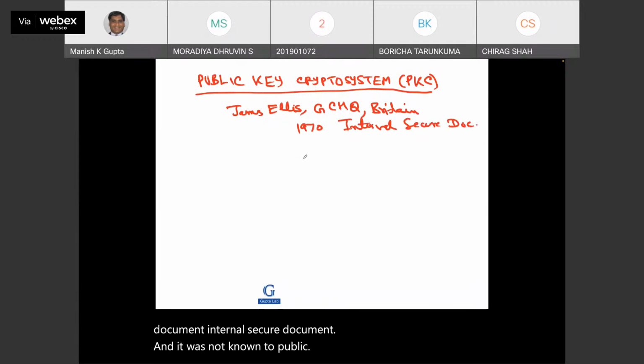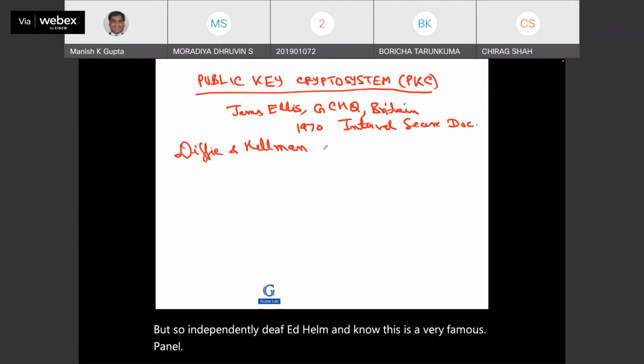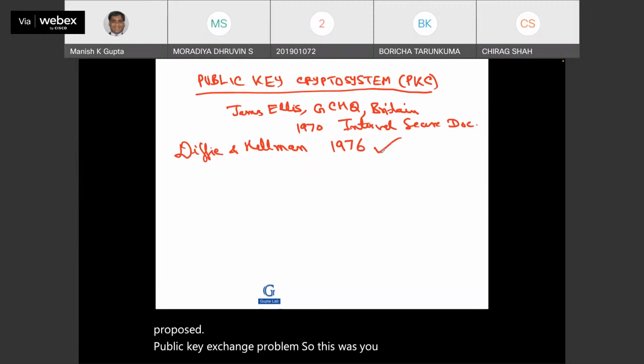They developed this public key crypto system, but independently, Diffie and Hellman proposed the famous public key exchange problem in 1976. So crypto systems can be built based on public key and private key.